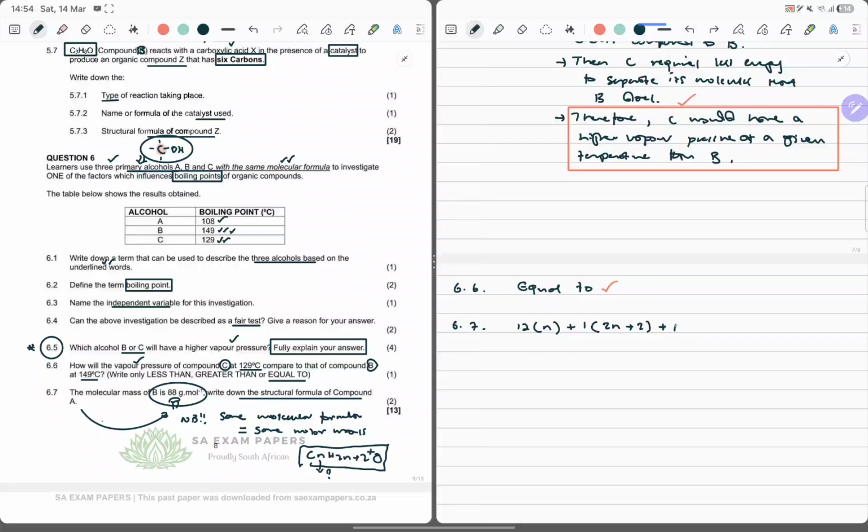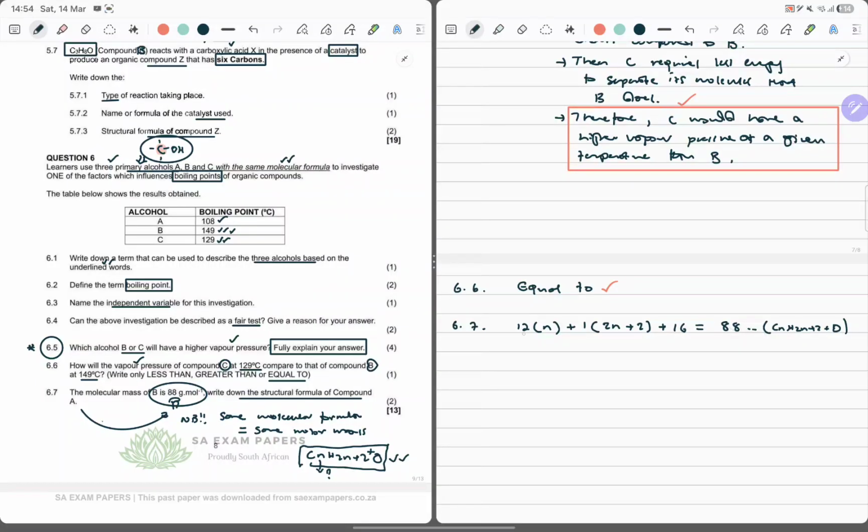There's only one, so its molar mass is 16. So this should give us 88. I don't know if you've ever seen this before, but even if you haven't, you need to know it from the general formula of alcohols. This is CnH2n+2 plus oxygen. That's the general formula of alcohols.